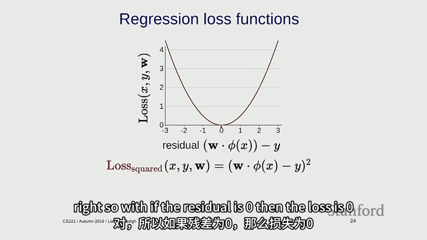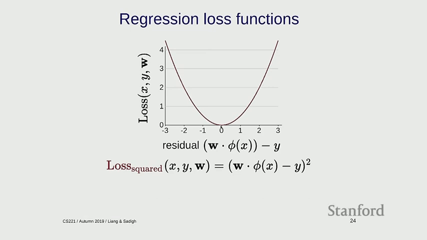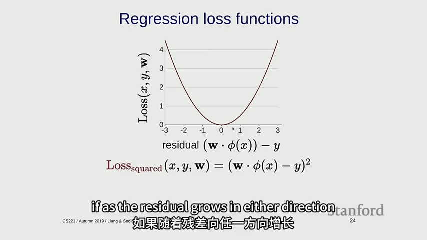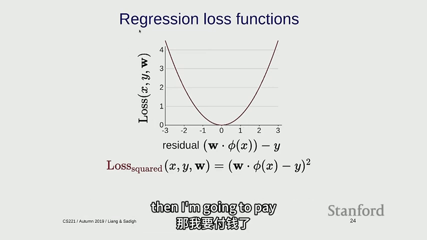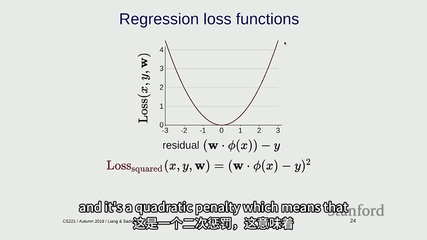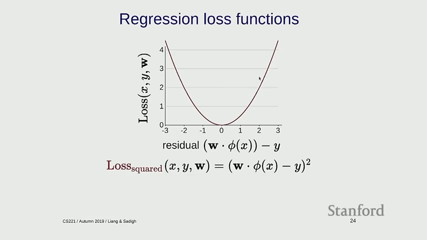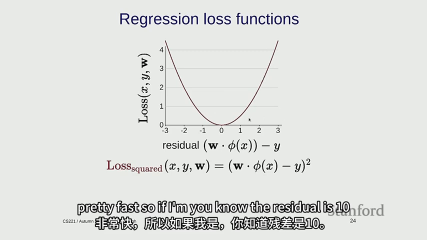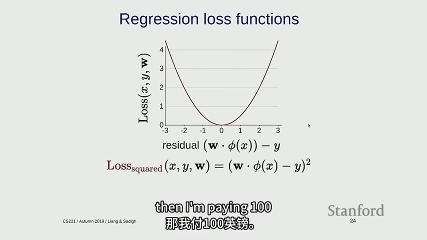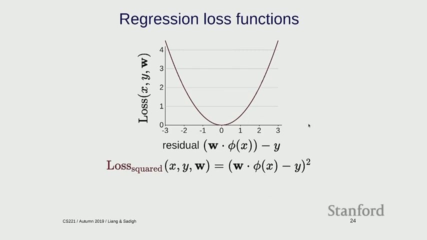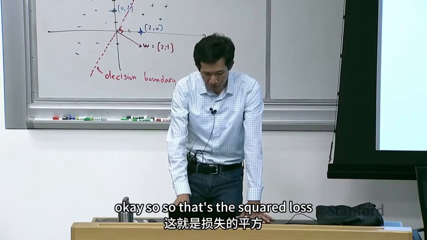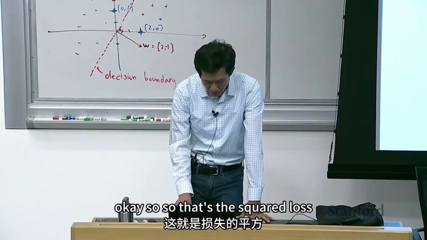So if the residual is 0, then the loss is 0. As the residual grows in either direction, I'm going to pay something for it. And it's a quadratic penalty, which means that it actually grows pretty fast. So if the residual is 10, then I'm paying 100. Okay, so that's the squared loss.